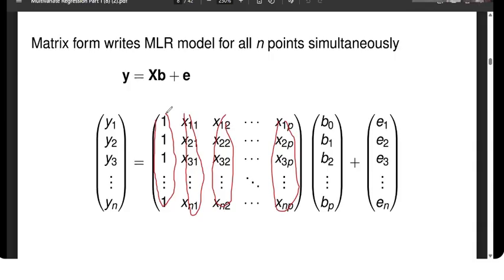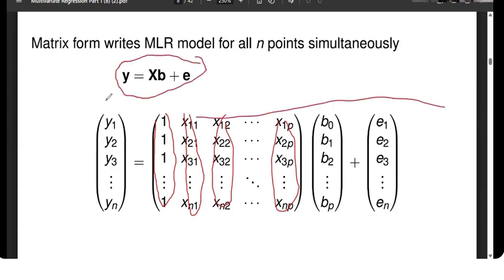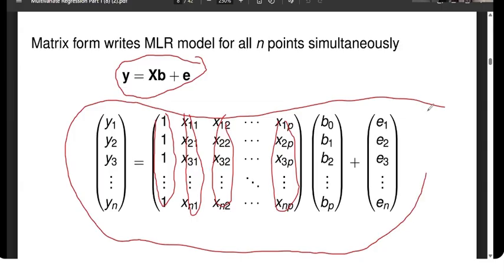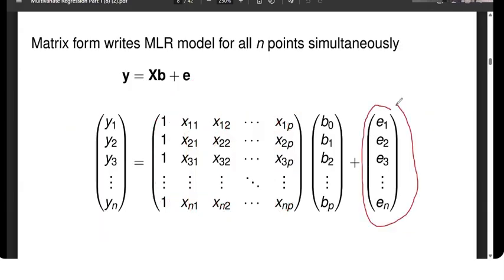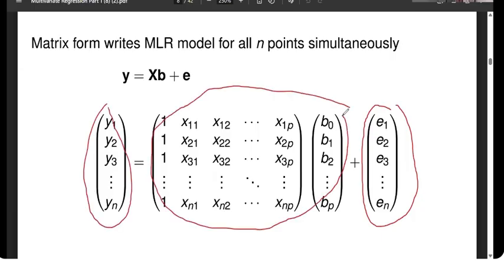Now, do you know that I'm rewriting that in this form? Look at that. And you're going to see that this particular term here is just this one minus this one. Does that make sense? The response minus the model.